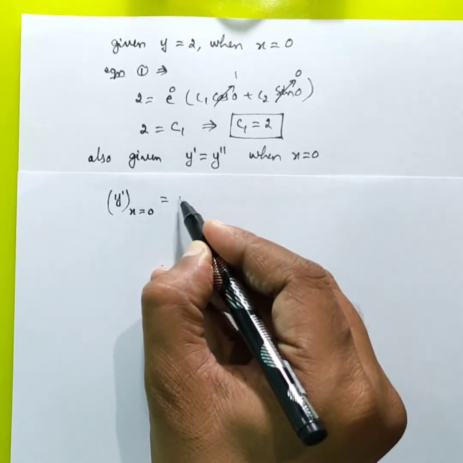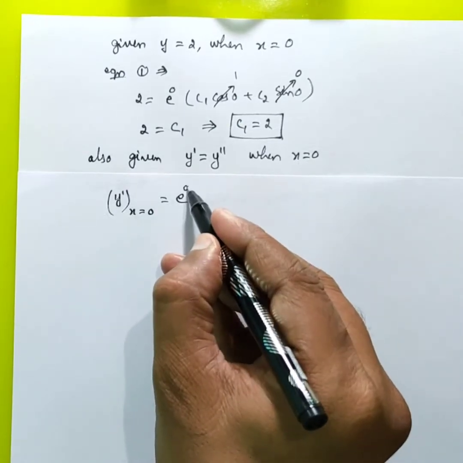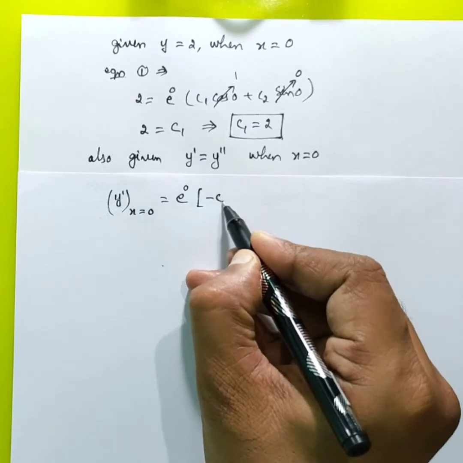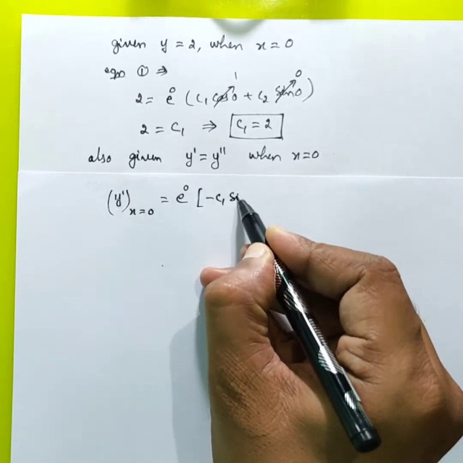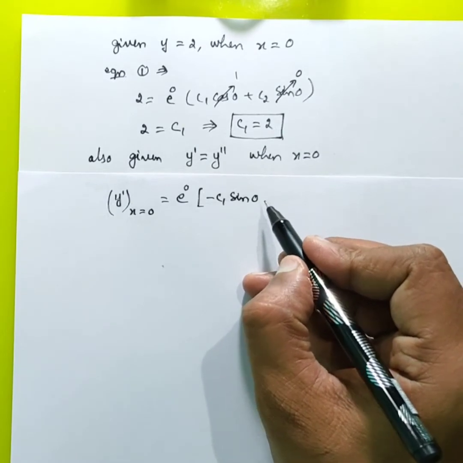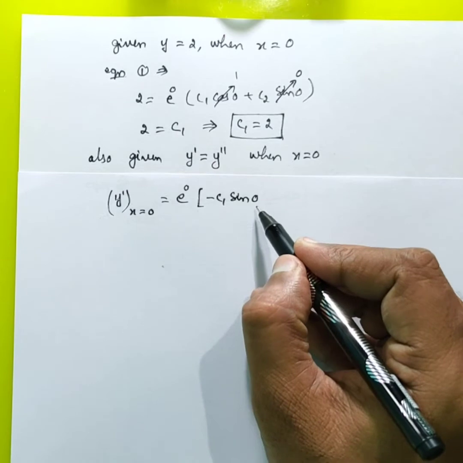So the expression that you have is e power of minus of 2x. X value is 0, so you'll be getting e power of 0. Times of you have minus c1, sin x is there, so it becomes sin of 0. You can just observe the equation. After differentiating equation 1, you have obtained y dash, so you can just observe that equation.